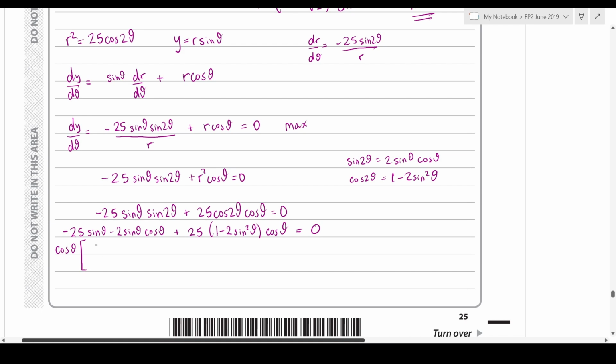And what we're left with, I'm going to have minus 50 sine squared here, 25 there, and I'm going to have a 50 sine squared theta there, and sorry, that's a minus in there. That's going to equal 0.